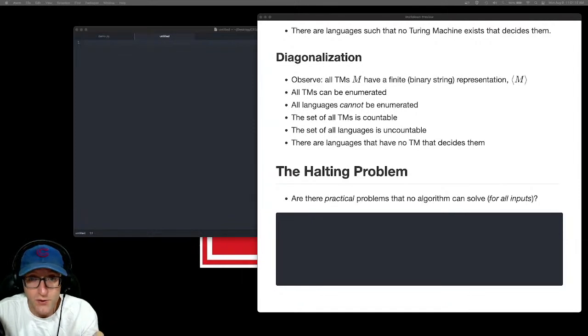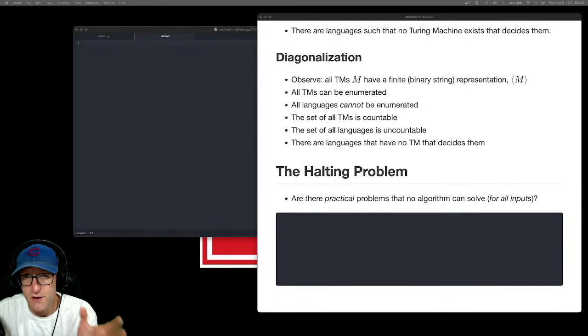That's because all Turing machines can be enumerated; they're countable. And the set of all languages cannot be enumerated. They're uncountable. Therefore, there must be languages out there that no Turing machine decides. And remember that decides means that on all inputs, they halt and either accept or reject. They don't go into this infinite loop kind of thing.